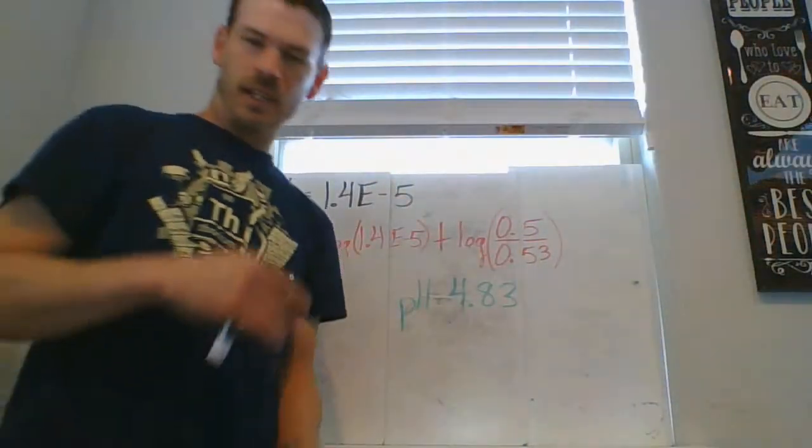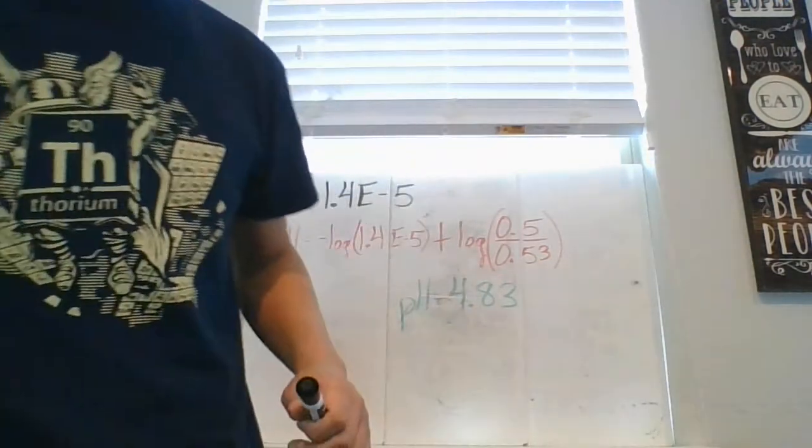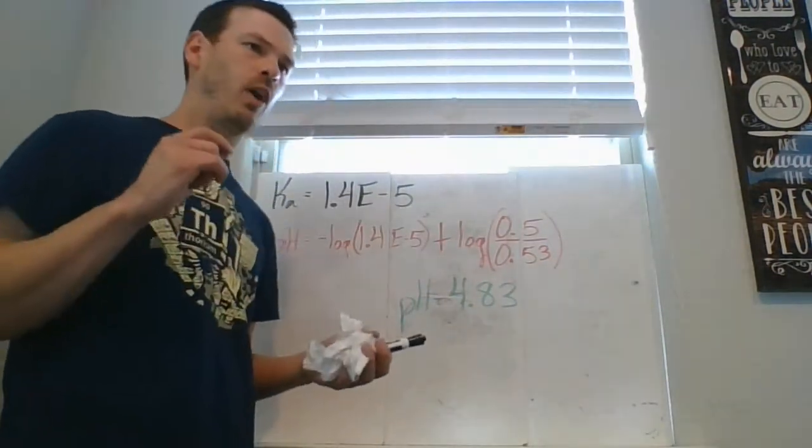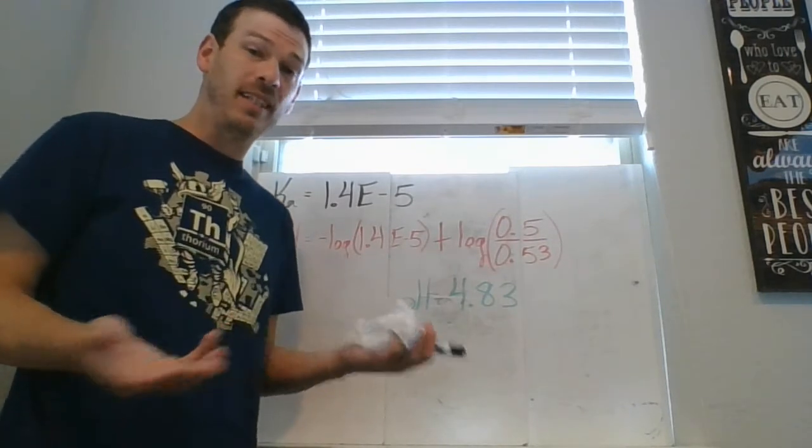Now, I'm not going to go over a full titration, but if you remember, a titration was simply a bunch of invader problems over and over again, where we were constantly adding an acid or a base to an already established solution and basically seeing who won.